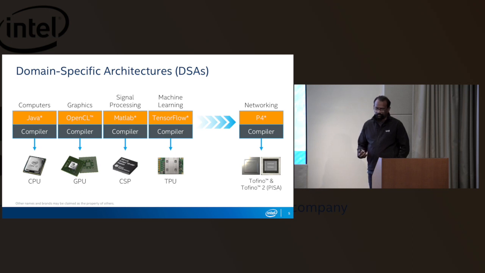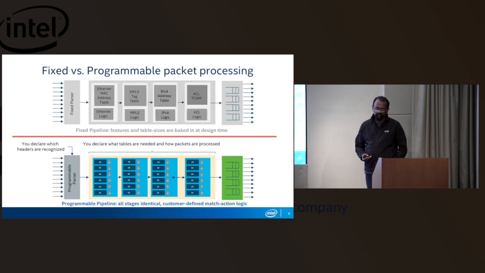Now enter a programmable switch ASIC, ones like the one that Barefoot has created. In this, you have the ability to describe whatever functionality you want, and if you look at the silicon, it is agnostic to protocols. The silicon does not know anything about protocols.